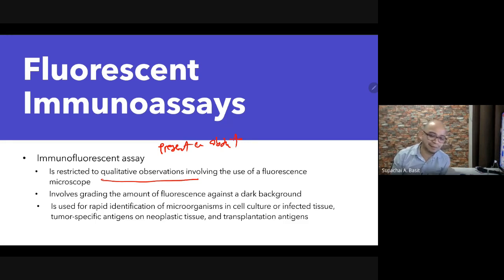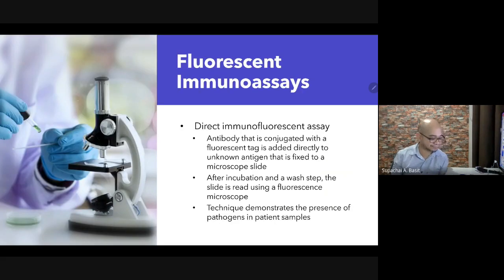So you can have +4, +0, just grade it. It is used for rapid identification of microorganisms in cell culture or infected tissue. If it's found in the infected tissue, the procedure is called FISH, fluorescent in situ hybridization, which we will be discussing in another chapter. Tumor-specific antigen, neoplastic tissues, and transplantation antigen.